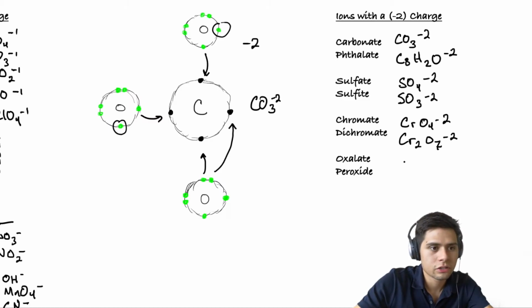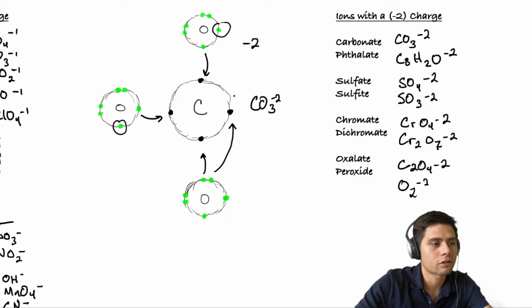Oxalate is C2O4 2 minus, and peroxide, something that you hear probably very frequently in hydrogen peroxide, is O2 with the 2 minus charge in it. And you can practice all of these by constructing these diagrams and seeing how these things are actually structured.